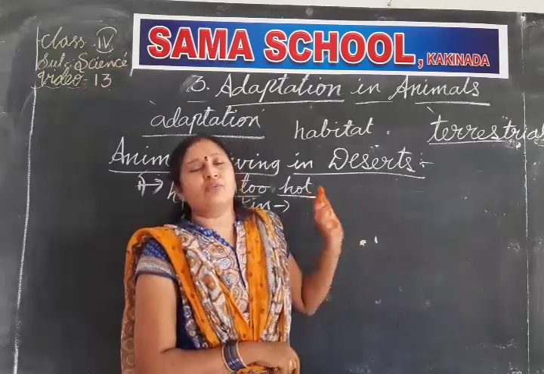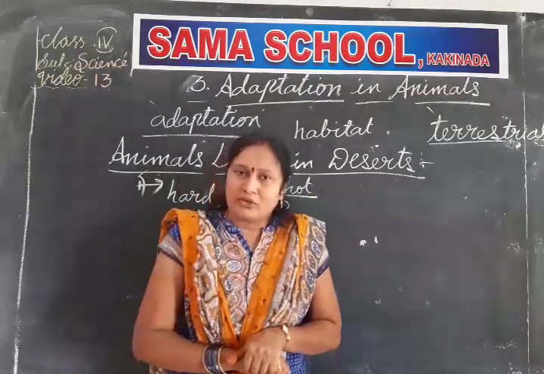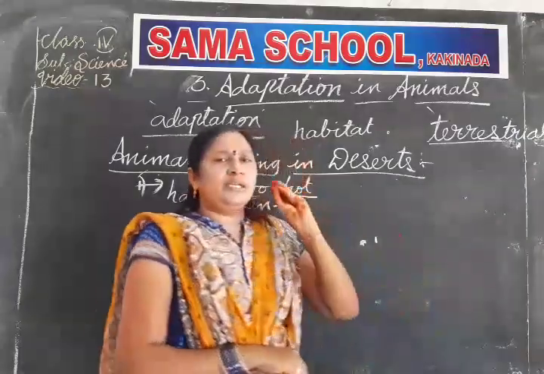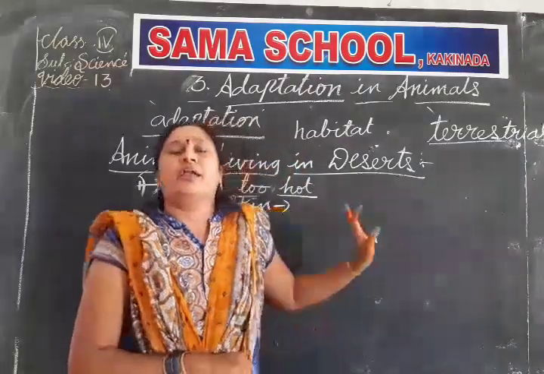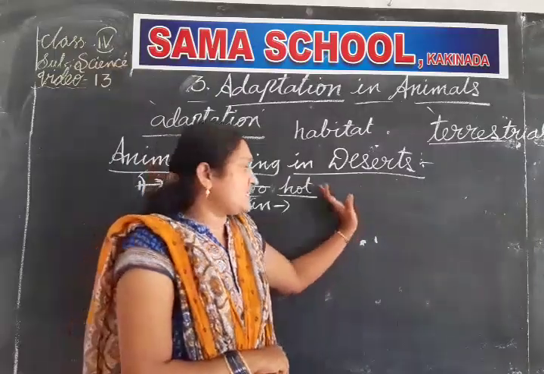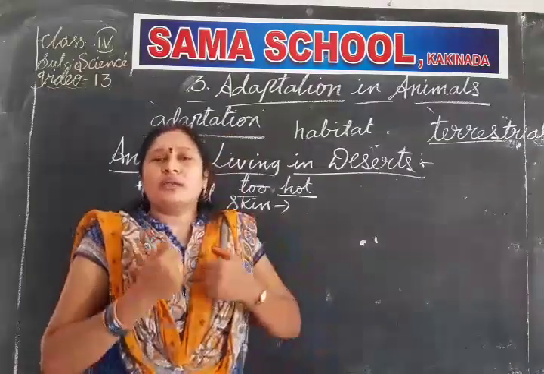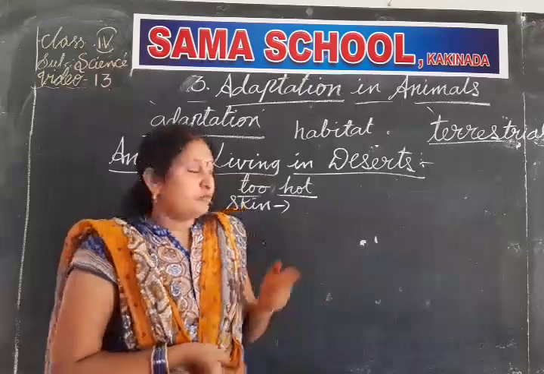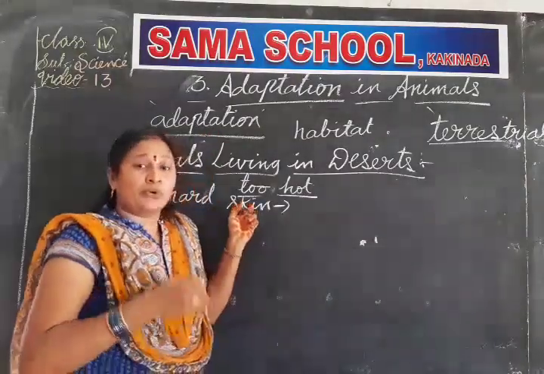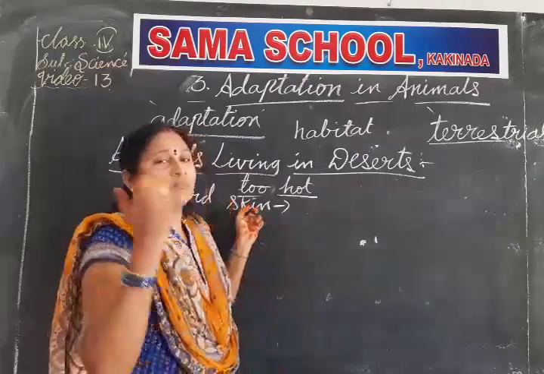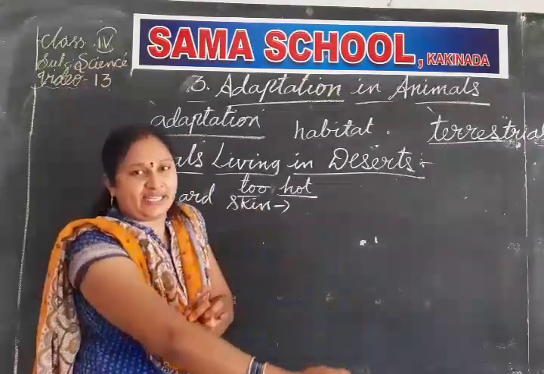Desert means very little rainwater, so there is water scarcity in these places. So how can it get water? Because of that, this hard skin protects this animal from sweat.